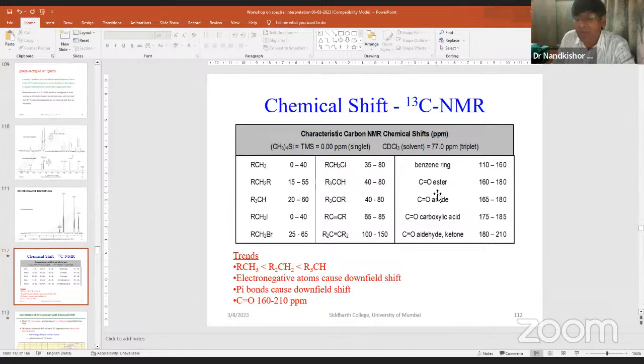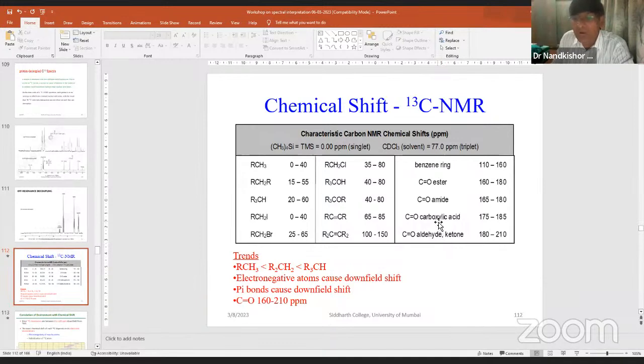Like take the example of carbonyl compounds, they will fall around 160 to 210, 220. If you compare carbonyl compounds like aldehyde and ketone, they have the highest delta value containing carbons, ranging from 180 to 210. In most cases aldehyde and ketone will show you 200, 210.